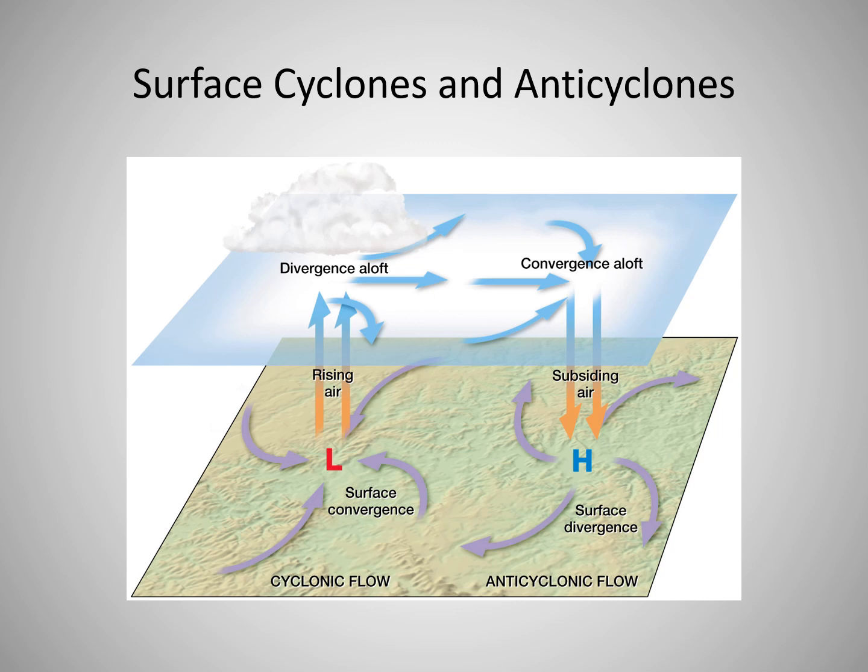Notice the purple arrows are blowing away from the H, okay, because your high pressure is there in the center. Remember that winds blow from high pressure to low pressure. And then notice also that those purple arrows at the surface are blowing or rotating in a clockwise fashion. So this is a great way to show the difference between cyclones and anticyclones.